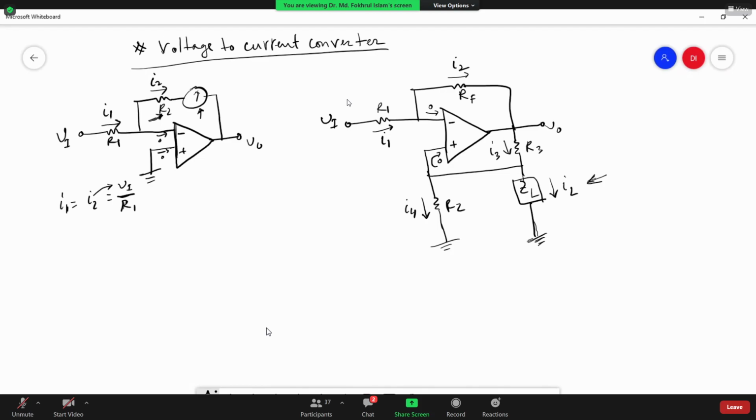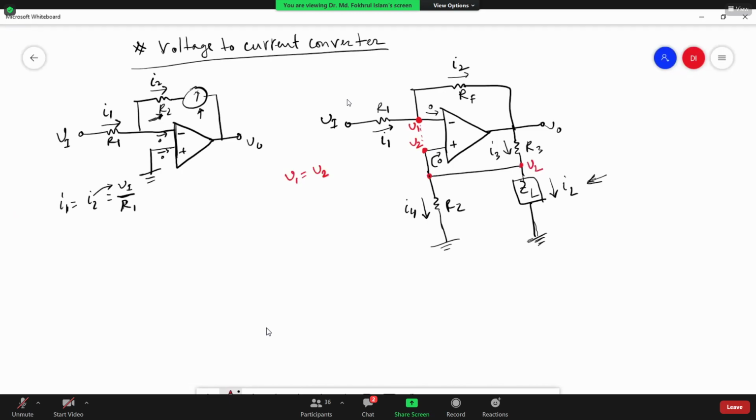Now this point is not the virtual ground. We can say this is V1, and this one is V2. So we can use the virtual short concept, and from it we can say that V1 equals V2, and this node and this node are the same.